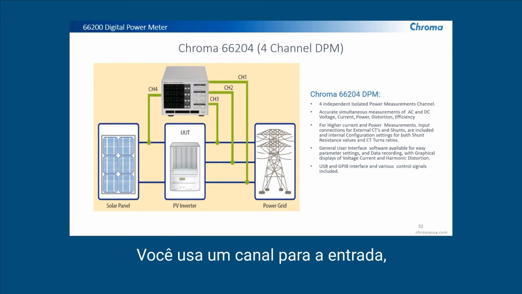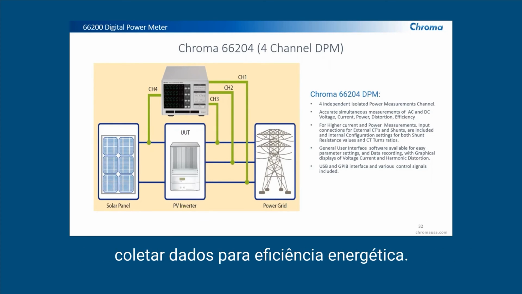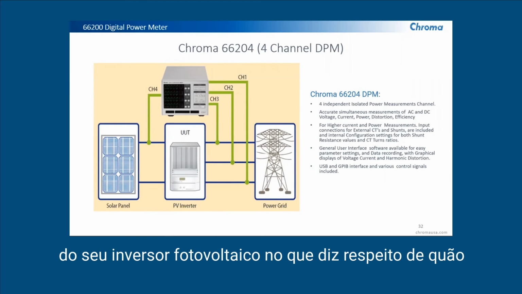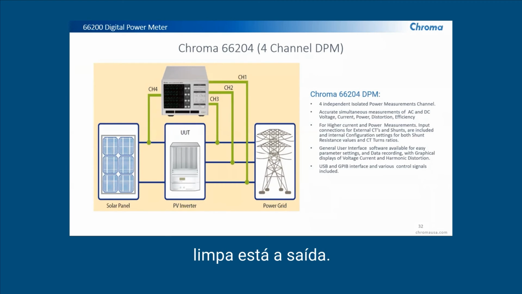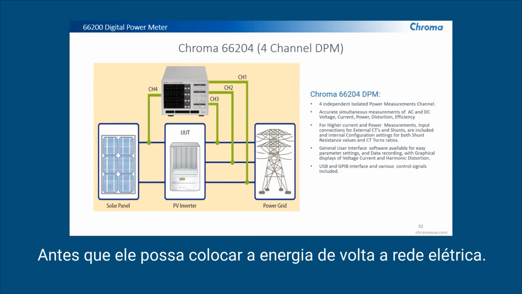You'd use one channel for the input and three channels for the three-phase output, and you'd be able to capture all the data required for efficiency and energy, and to even see the capability of your PV inverter as far as how clean a power output it can deliver, and make sure that it meets the 0.5% distortion that standards require before it can put power back into the grid.